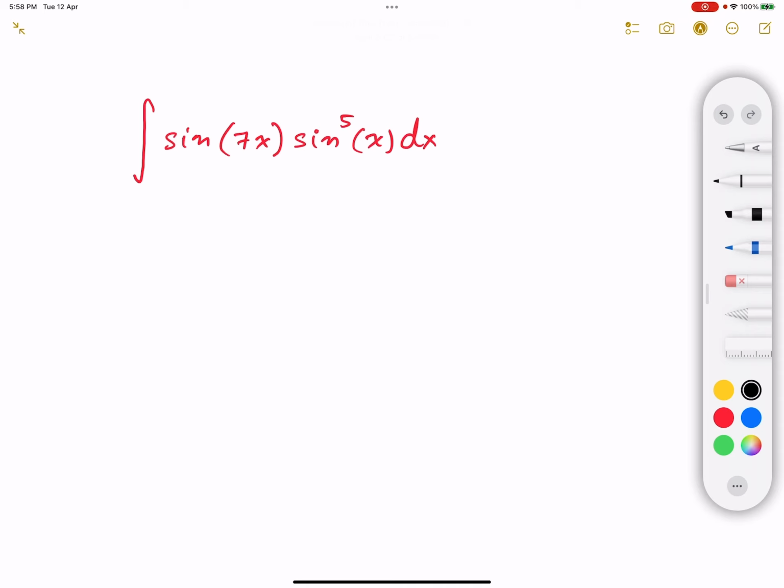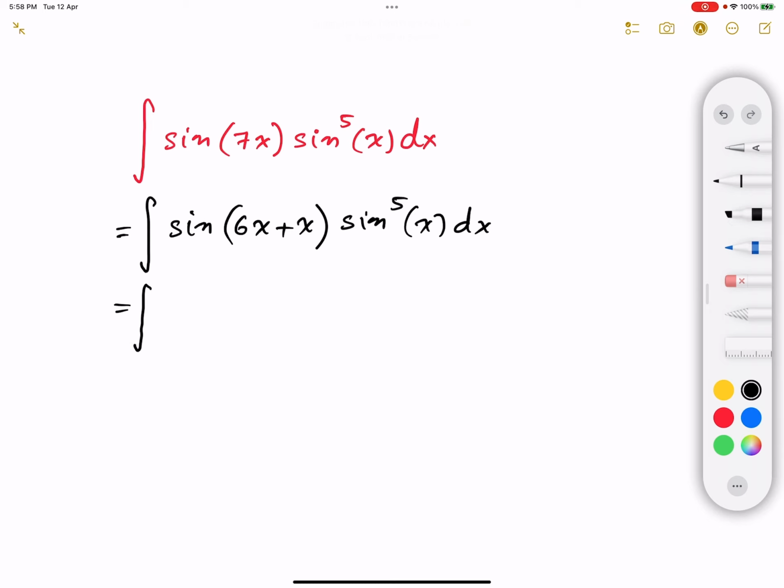So this is going to be equal to the integral of the sine of 6x plus x, multiplied by the sine to the power 5 of x dx. Now we can use the law of the sine of the sum of two angles, which is basically sine cosine plus cosine sine.